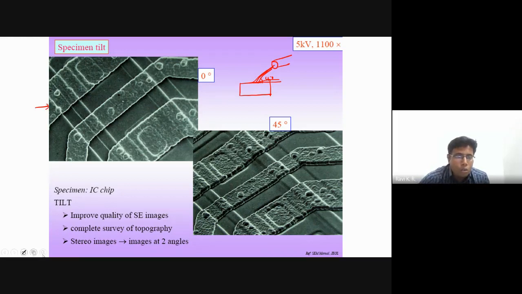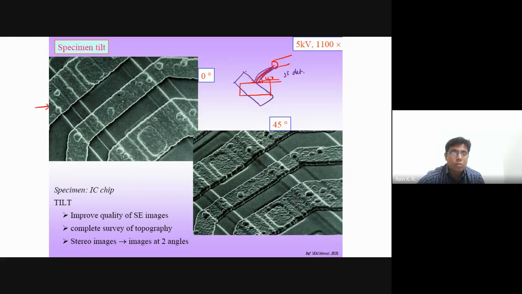Now what we are going to do is tilt the sample by 45 degrees. Then the probability of electrons going to the secondary electron detector would be larger.